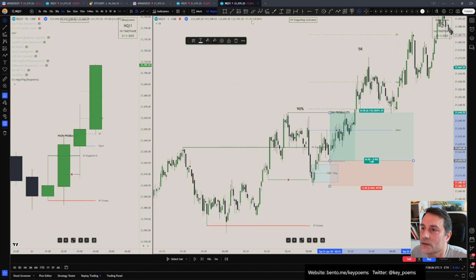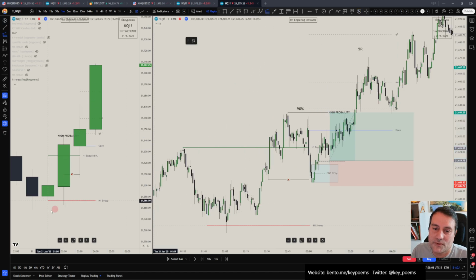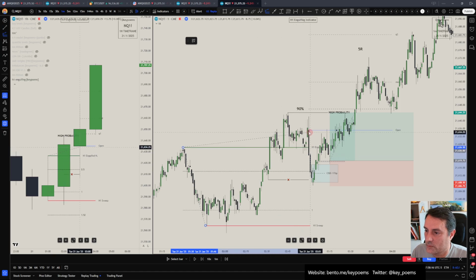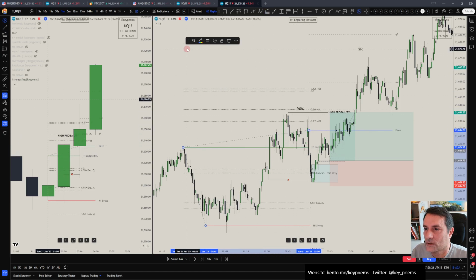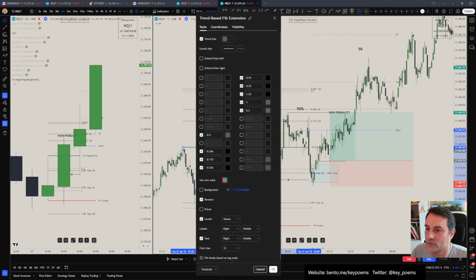So let me do it like this. If this is the low, right? This is the low, this is the high. We want to do the open, and then we want to do a projection. And in the projection, we want to do this 50%, right?